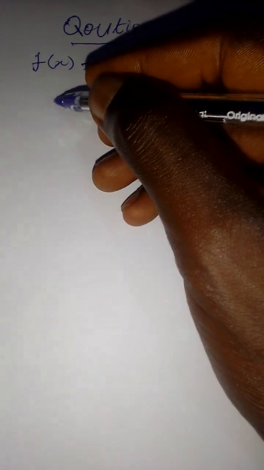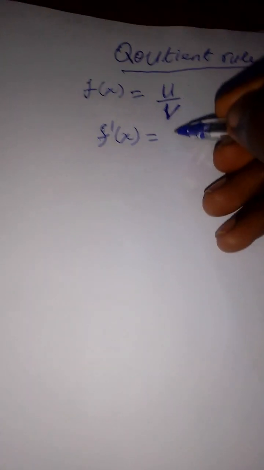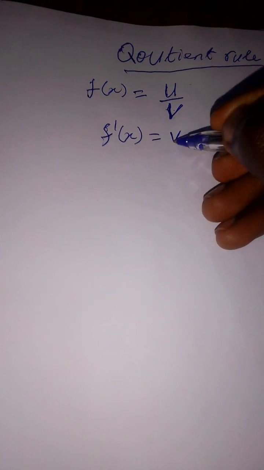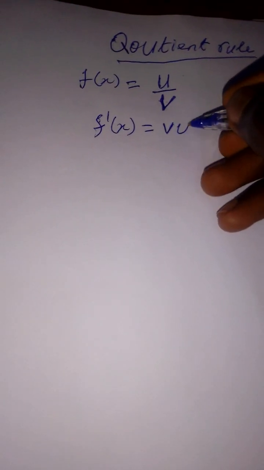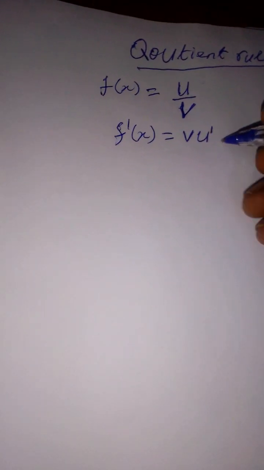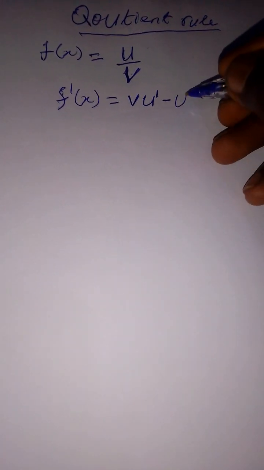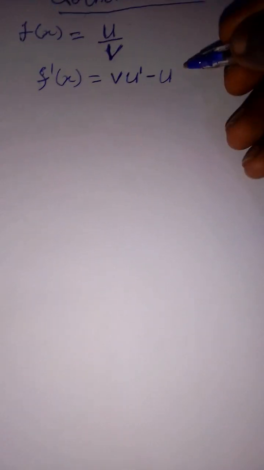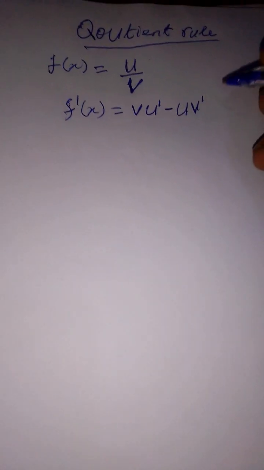It simply tells us that the derivative of f of x, which we will take as f prime of x, will be equal to v, which is the denominator, times the derivative of the numerator, which gives us u prime, minus u, which is the numerator, times the derivative of the denominator, which is v prime.